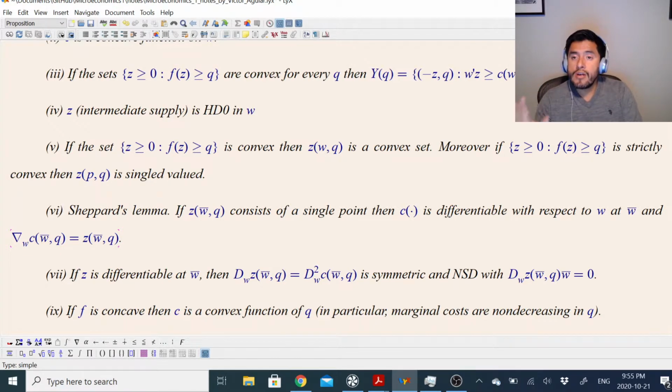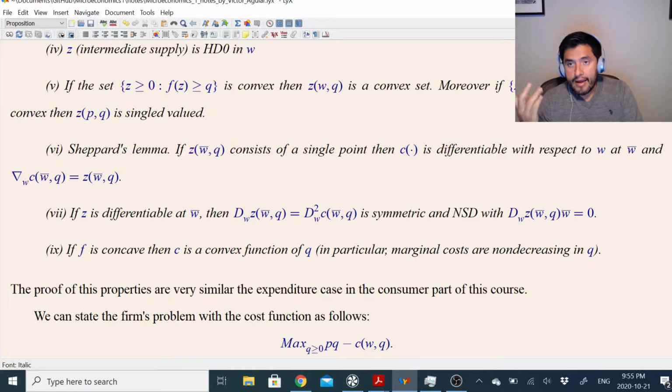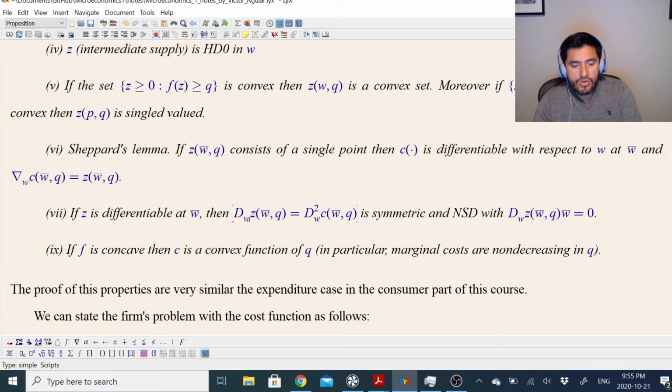Remember, Q here is fixed, so you're just differentiating with respect to prices, W. And then, sorry, this is part of the supply, of course, but it's usually called the demand of factors, but it's part of the supply. And then if this is differentiable at prices, then it turns out that this matrix of substitution with respect to the prices W is equal to the Hessian of this cost function.